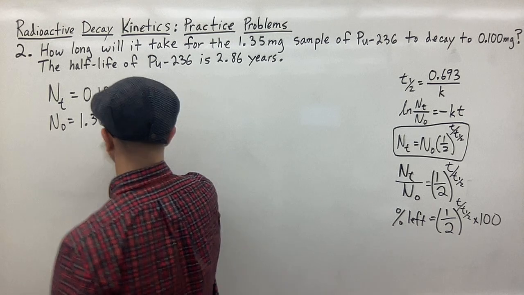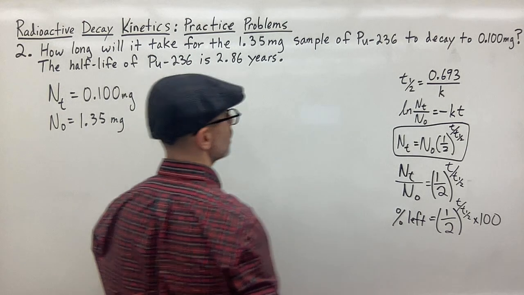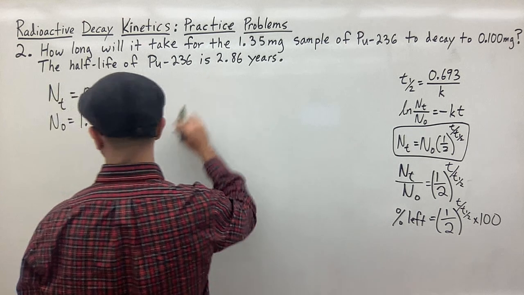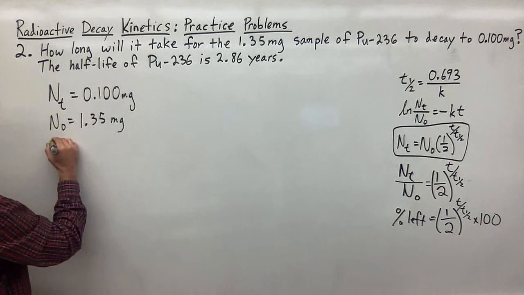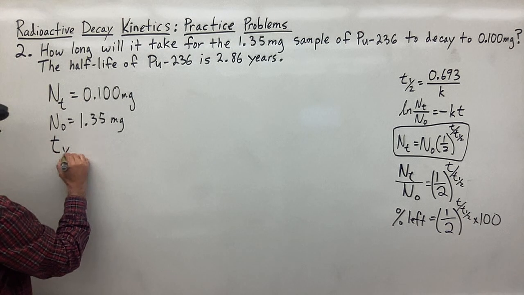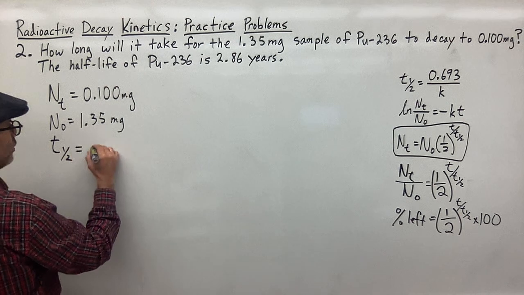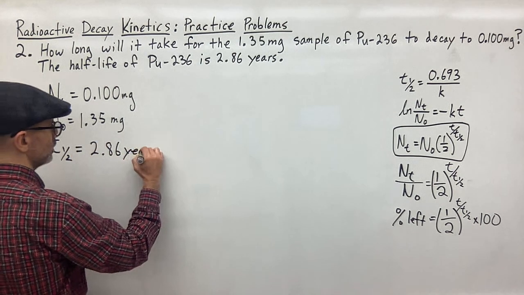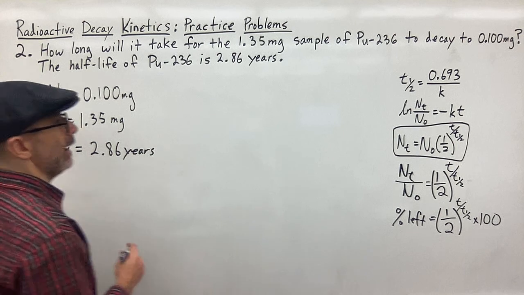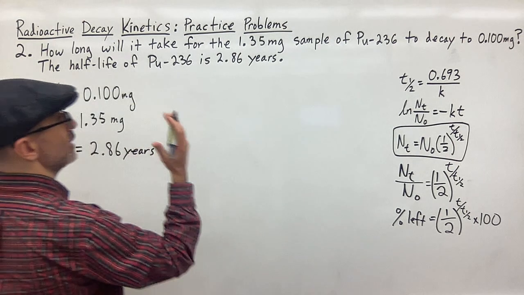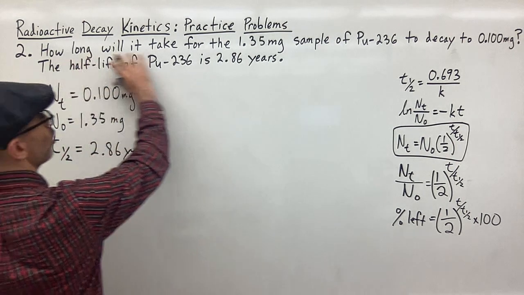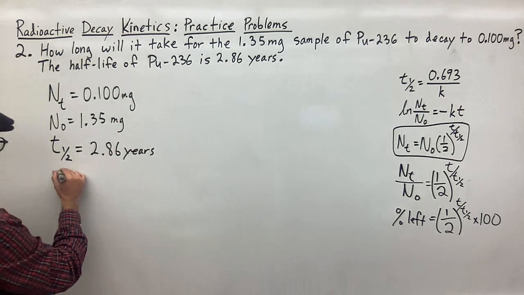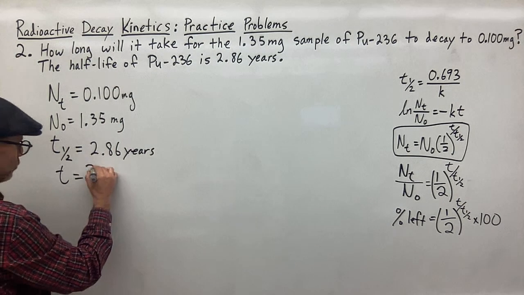We're told that our half-life, T1/2, is 2.86 years. And we're looking for the time that elapsed. How long will it take for this decay to happen? That's t. We don't know it.